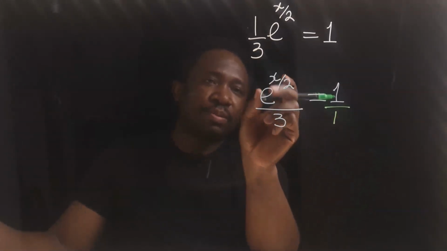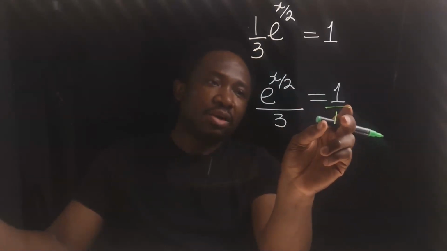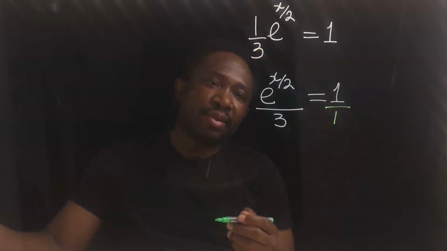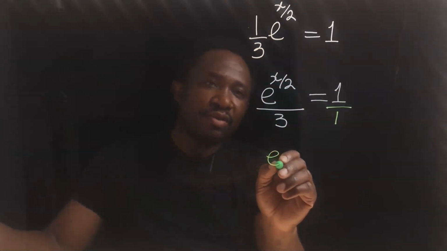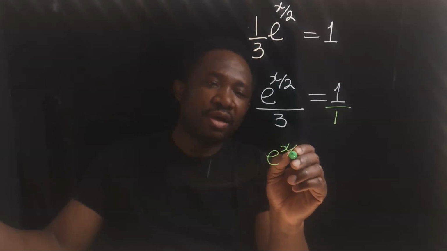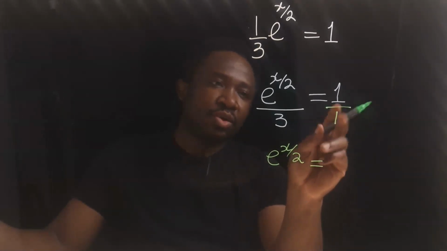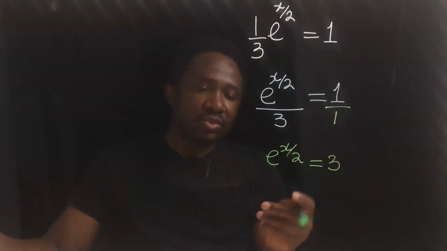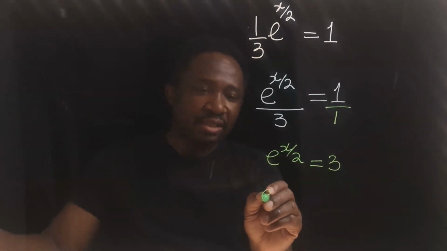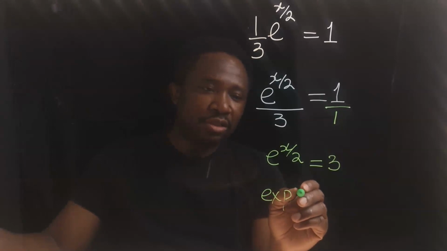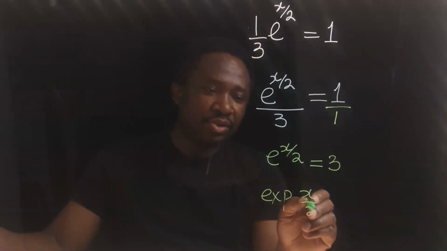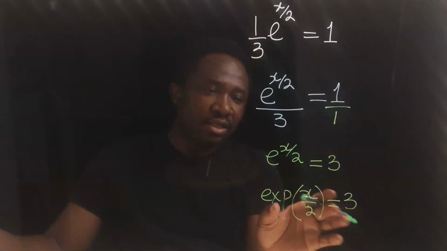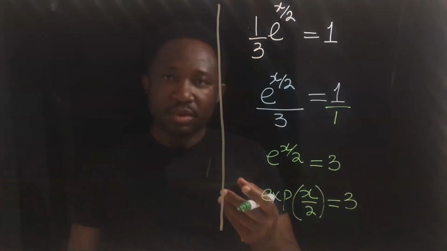I will cross multiply this 1 multiplied by exponential x divided by 2. I'm going to have exponential x divided by 2. On the other side, 3 times 1 is 3. I can write this as exponential x divided by 2. This and this are the same.